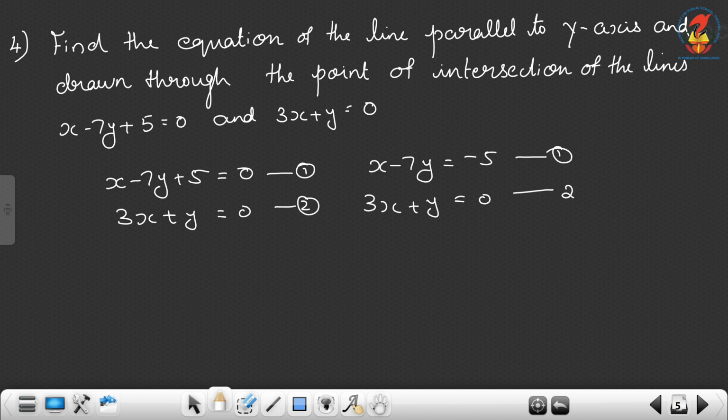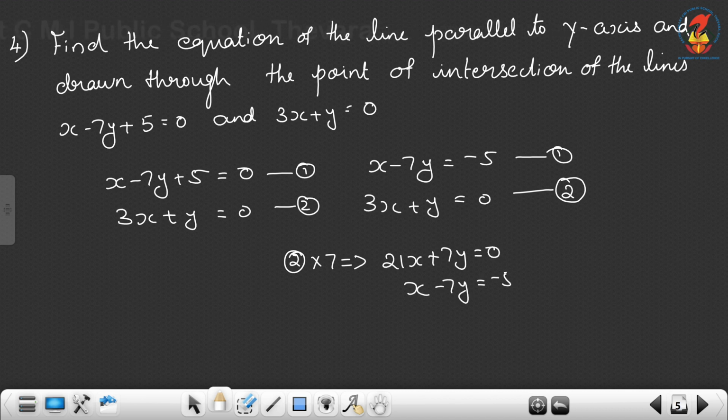We can use elimination or substitution. If we use elimination, multiplying the second one by 7, so 21x plus 7y is equal to 0. And the first equation is x minus 7y is minus 5. Then when we add, 22x is equal to minus 5, or x is equal to minus 5 by 22.